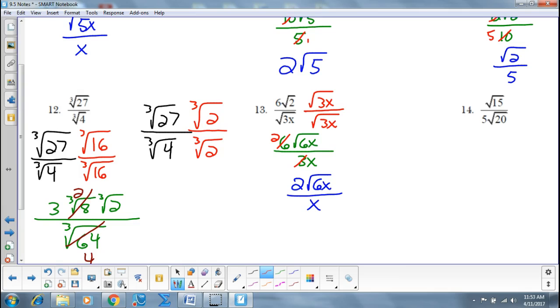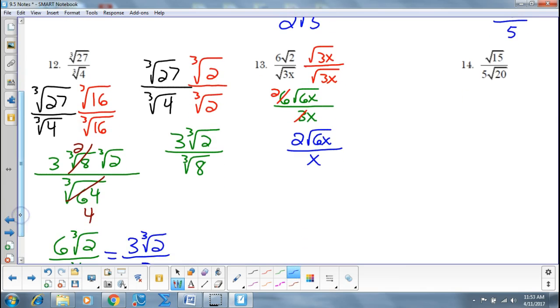So on top then, I got 3 times the cube root of 2 all over the cube root of 8, which is 3 cube roots of 2 over 2. Okay. Got to kind of use your math logic. Got to think about what we want to get to.